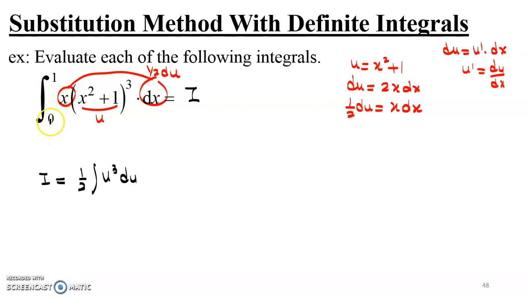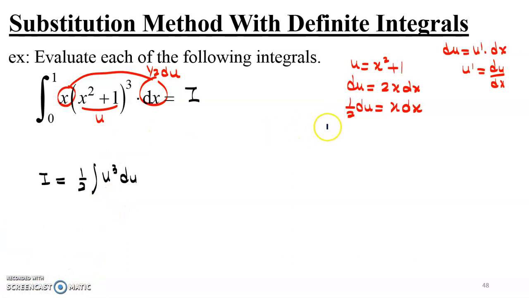It is defined over a given interval, which in this case is 0, 1. However, 0 and 1 are values of the variable x, since they're the bounds of the integral in terms of x. So I cannot consider 0 and 1 to be the bounds of the integral in terms of the variable u. That would be mathematically wrong because 0 and 1 are values of x. They're not values of u.